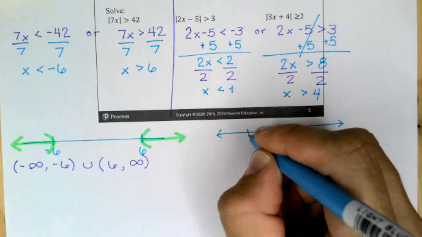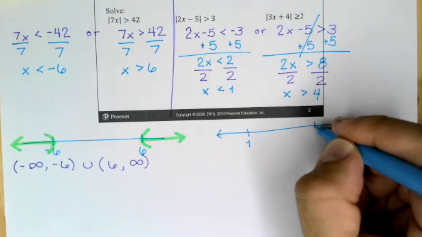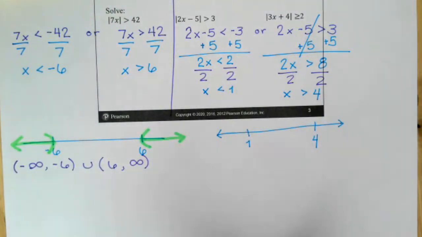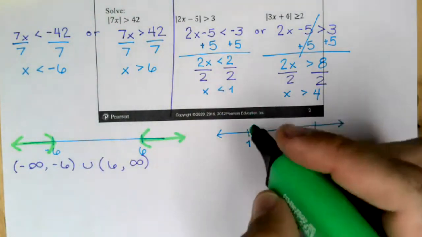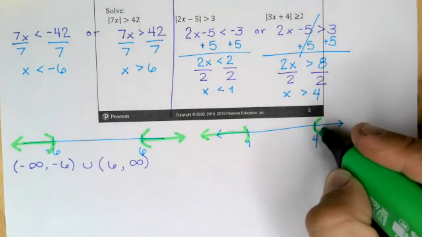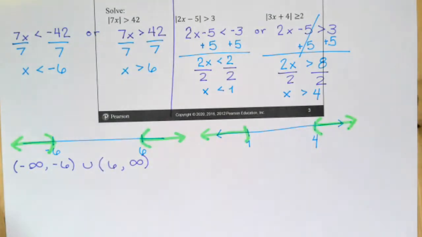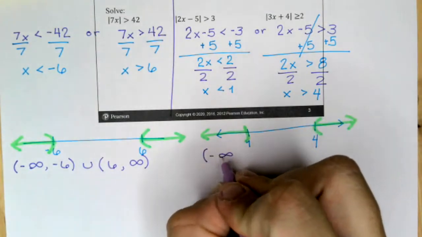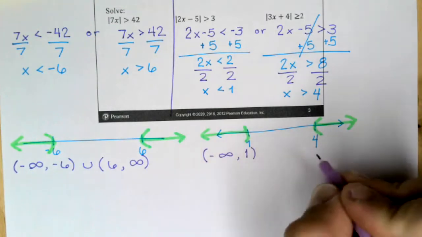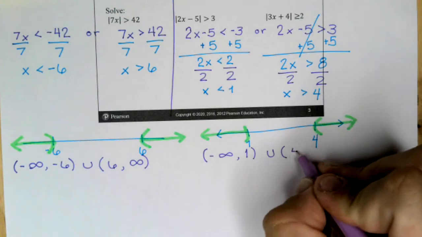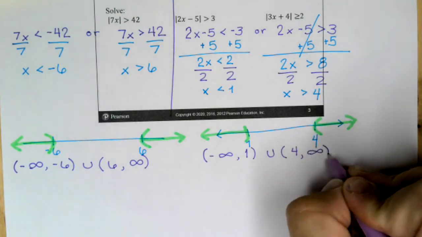So I need a 1 and a 4. X is less than 1. X is greater than 4. From -infinity to 1, the union with 4 to infinity.